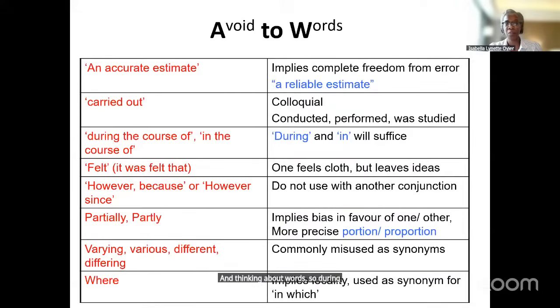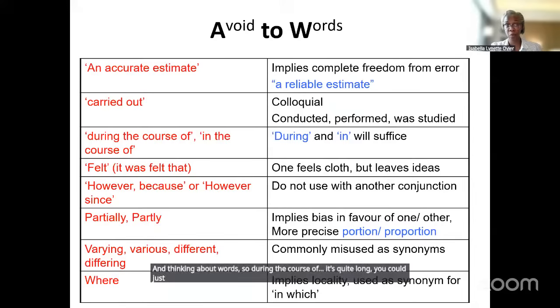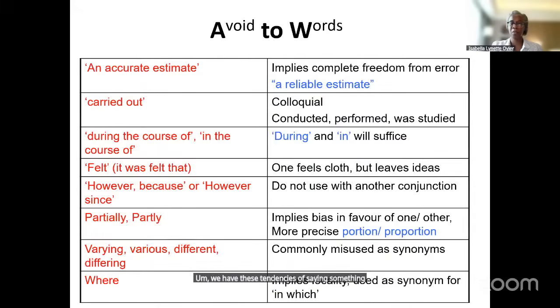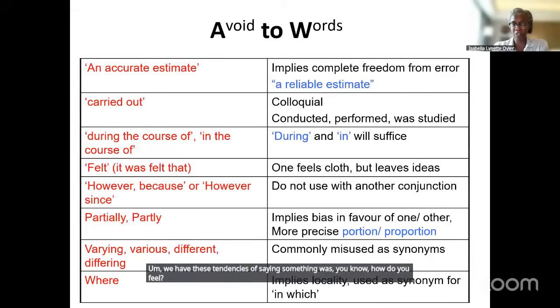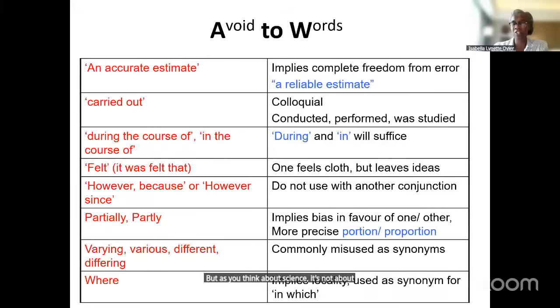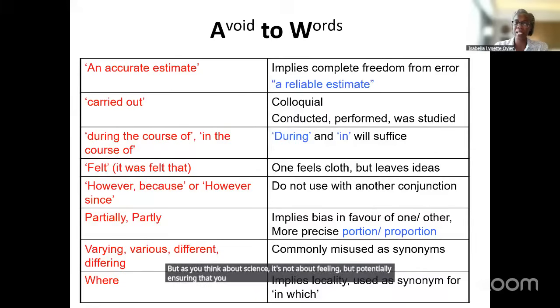"During the course of" is quite long. You could just say "during" or "in the process". We have a tendency of saying something was, "how do you feel?" But as you think about science, it's not about feeling, but about ensuring that you leave an idea behind, or scientific evidence or a point, within your writing.